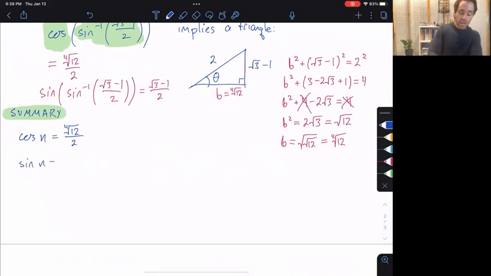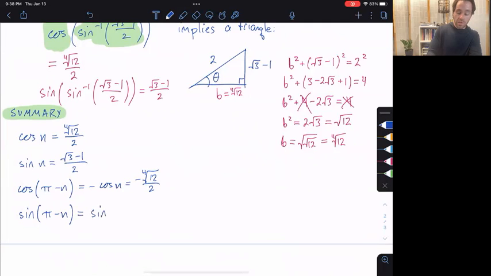Sine of our n is root 3 minus 1 over 2. Cosine of pi minus n is negative cosine of n, which is negative fourth root of 12 over 2. Whereas sine of pi minus n is equal to sine of n, which is root 3 minus 1 over 2. Okay, so these are the values we're going to actually need.